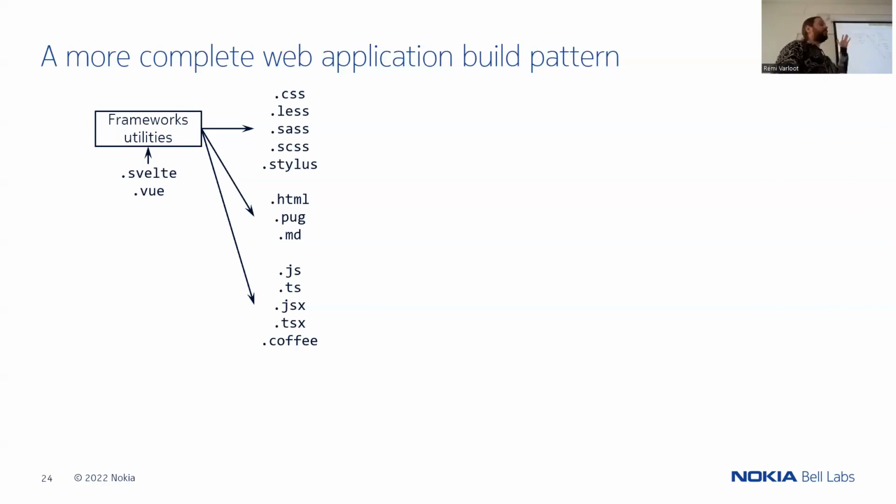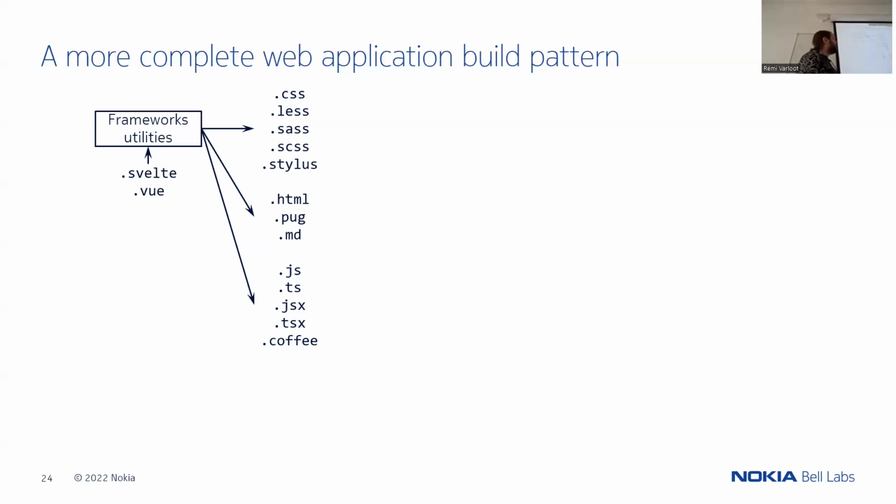So we have a bunch of preprocessors for CSS, which define variables, which allow you to create a hierarchy between your rules. We also have Markdown, I think most people know, where you can actually write your HTML in Markdown rather than HTML, which can make it more convenient.